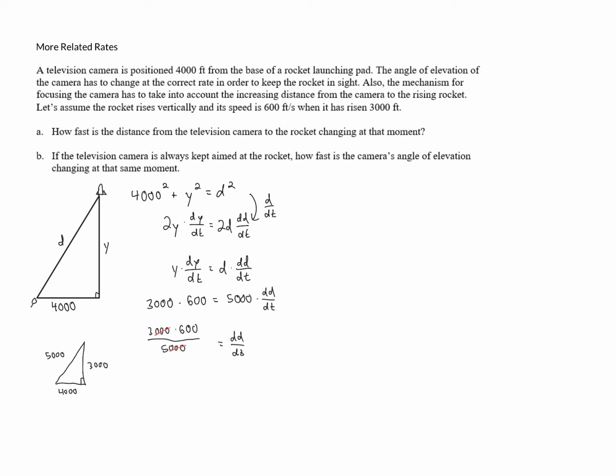Can't really cancel zeros, but it gets rid of them because it reduces to 3/5. So then we have 3 times 600 over 5. So that's 1,800 over 5. And when we divide 1,800 by 5, we get 360.